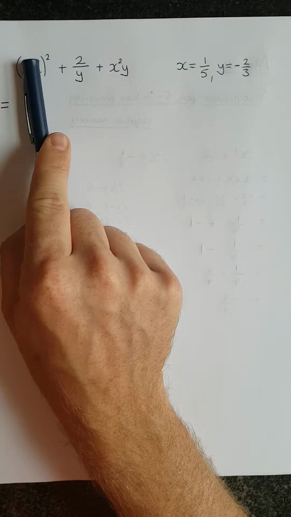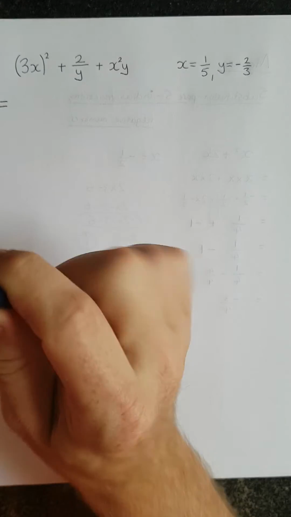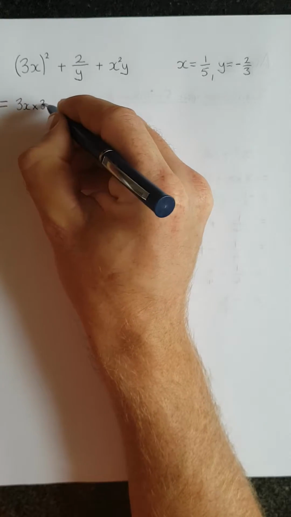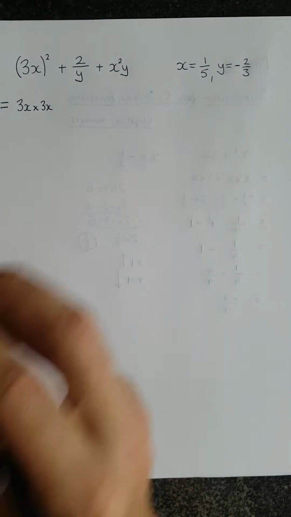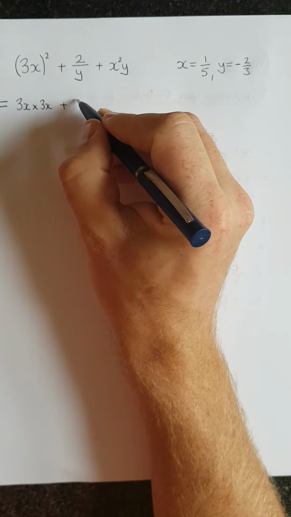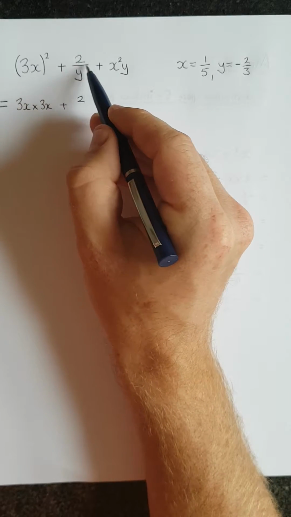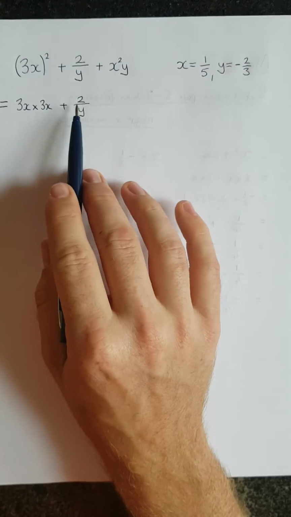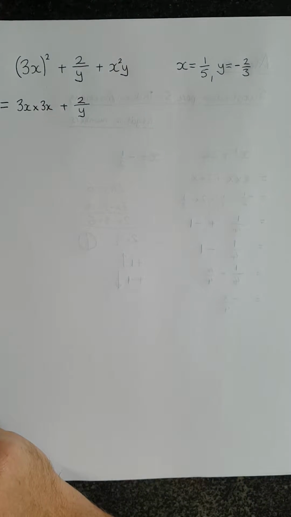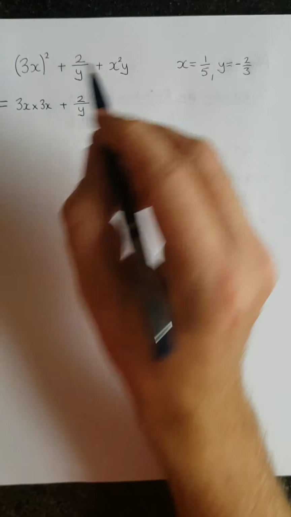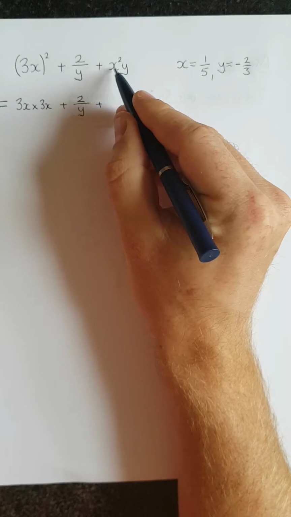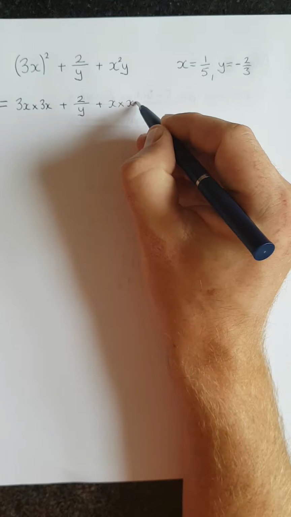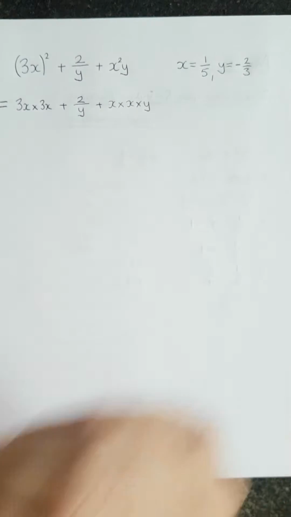So it means 3x multiplied by itself. Plus 2 divided by y. We'll do nothing there yet. Plus x times x times y.